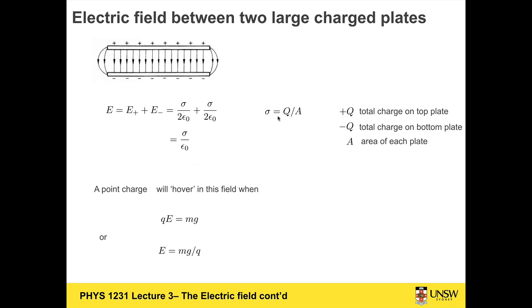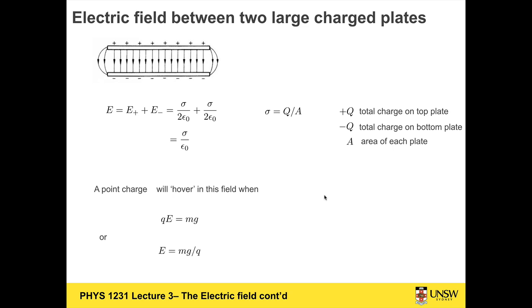And of course the sigma, if we have some finite size system that's very, very large, has large area, but this distance is small, we can use this result in the middle, and this charge density is just the total charge divided by the area.